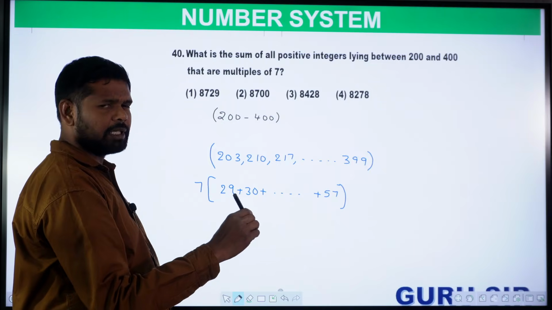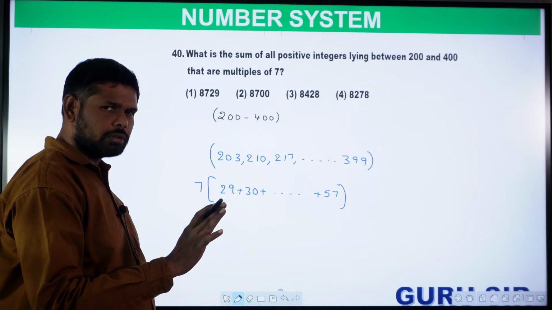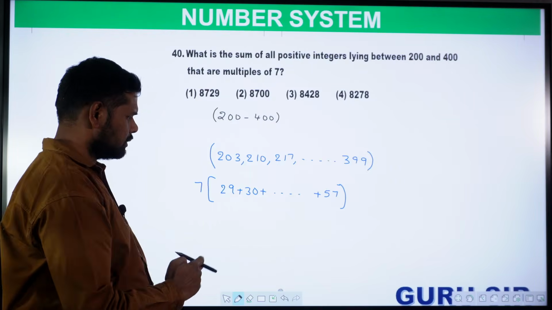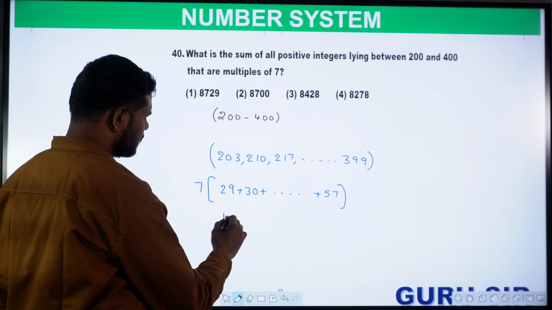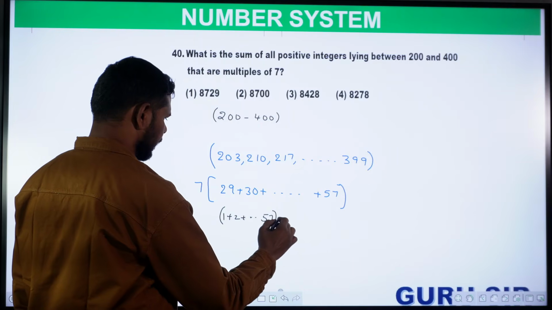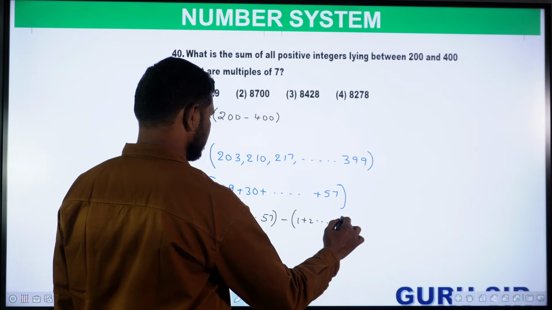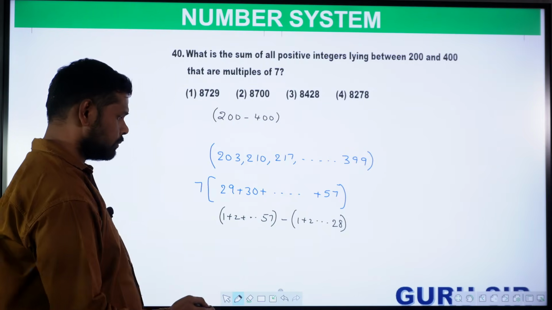Otherwise, many methods are there, but don't get confused. Just apply whatever known concept is there. The sum is 1 plus 2 and so on up to 57, minus 1 plus 2 and so on up to 28. That is simple.